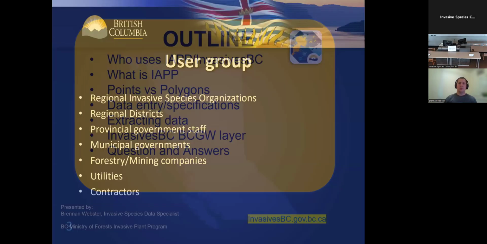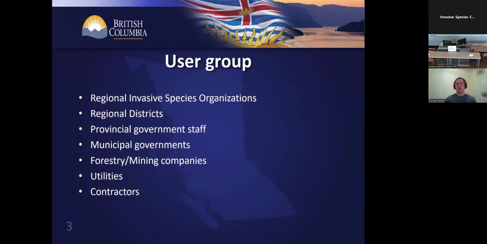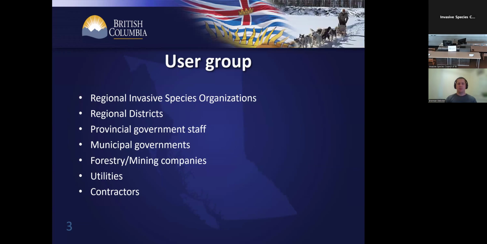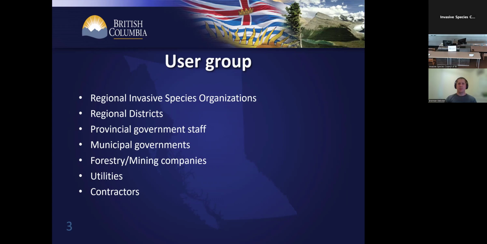So the user group, I'll talk about this just so people get a sense of who's using the database, and what they're using it for. It's the main database in the province for people who are doing invasive plant work. Most of that work will end up in this database. The regional invasive species organizations are one of the main users of the database.